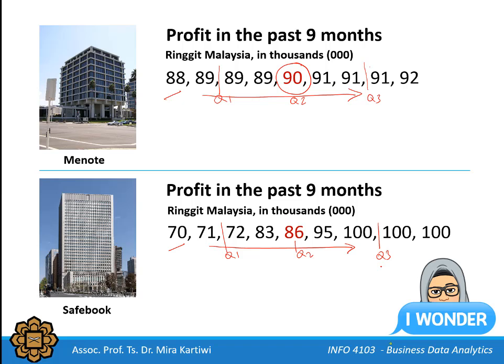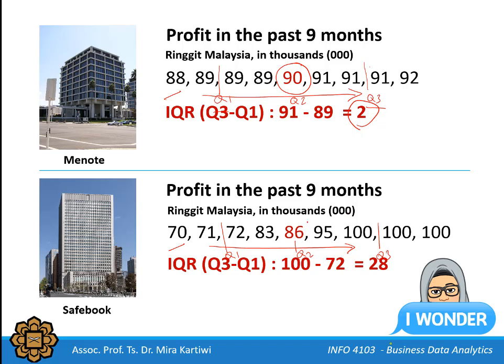In IQR, basically you want to subtract, instead of maximum and minimum, quartile 3 minus quartile 1. So we can find out it is 91 minus 89. The IQR for MeNote is 2, whereas the IQR for SafeBook is 28. I'm very sure by now you already get the feeling on the dispersion.